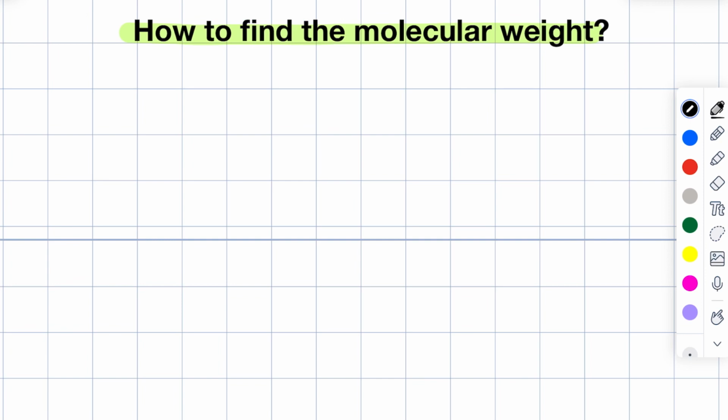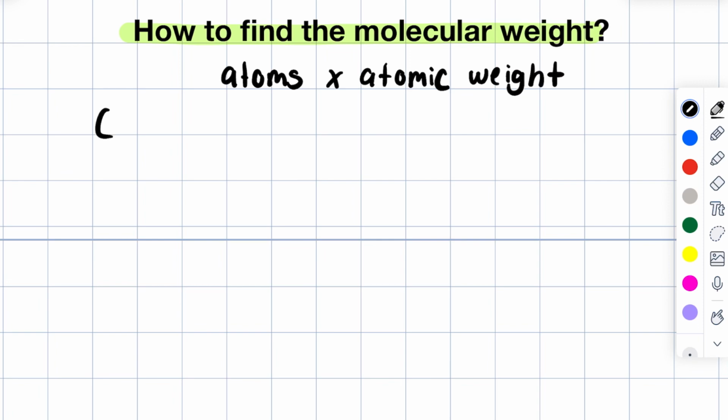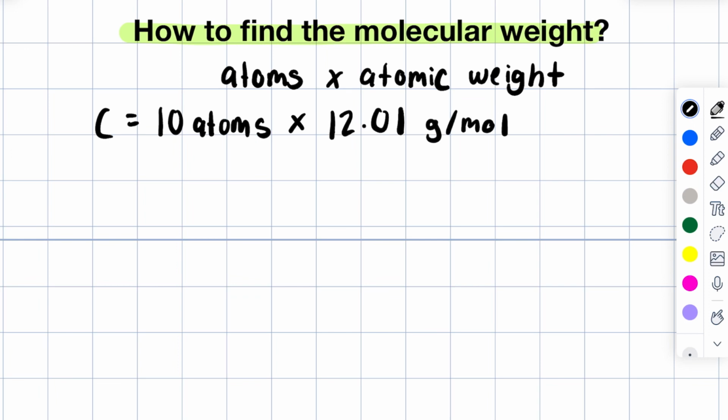So how do you find the molecular weight now? It's quite simple and easy. For the formula, we're going to use atoms times atomic weight. So we know that carbon has 10 atoms, and we know that in a periodic table, carbon has 12.01 gram moles. For hydrogen, we have 12 atoms.